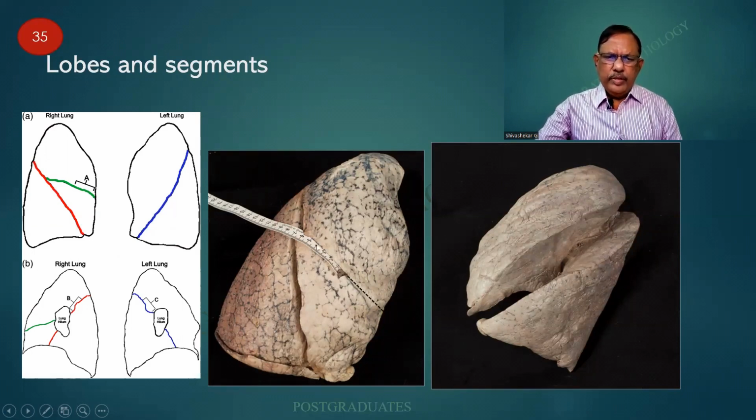And there is a small slit-like space over here, that is called the horizontal fissure, that is dividing the right lung into 3 lobes. So right is 3. R is, in 2 you do not have the letter R. And this particular fissure may be complete or it may be incomplete.